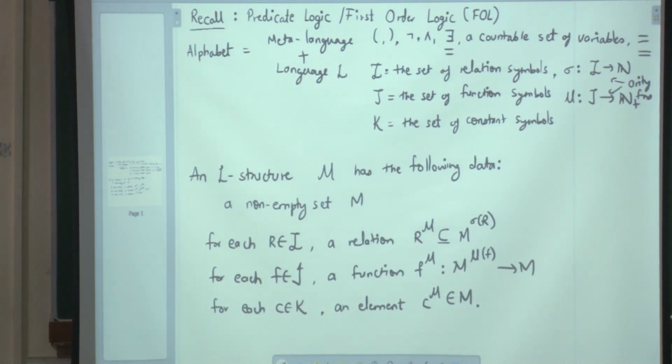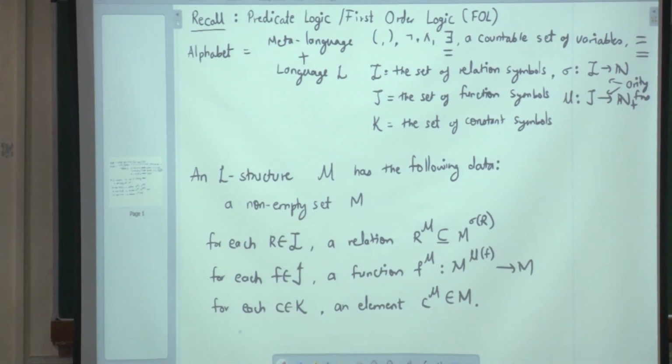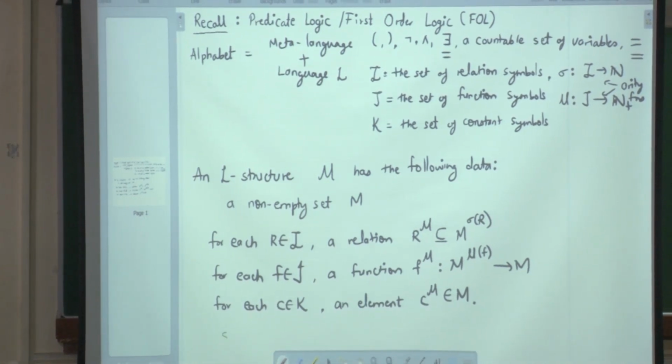Even if I say the language of the field of real numbers. What is the language of the field of real numbers? Tell me. All of you understand the field of real numbers? What does it consist of? Okay, the structure is this.